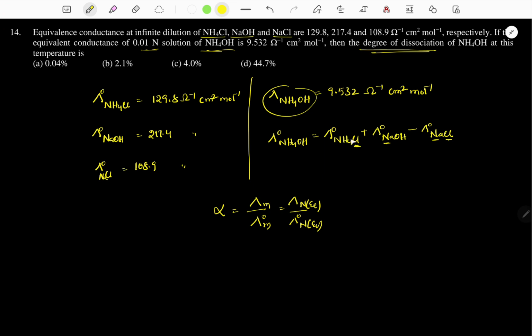We will get the NH4 plus value and OH minus value. So here we know the lambda naught value, and here the lambda value is given. By taking the ratio, we get the corresponding alpha value. It is a simple, direct question. So that is 4%.